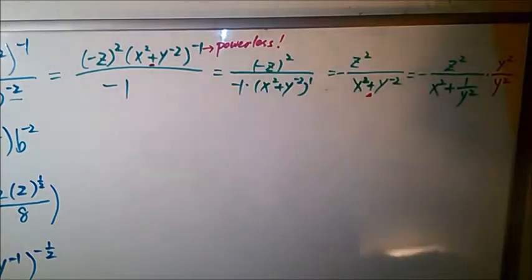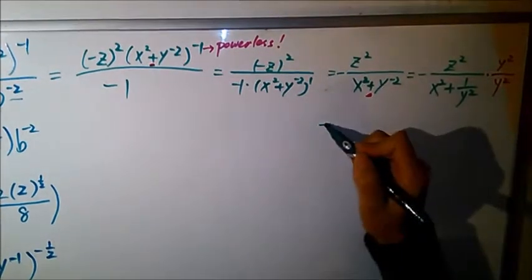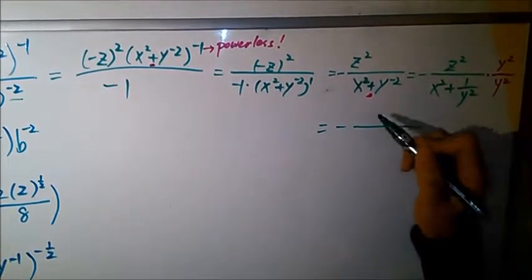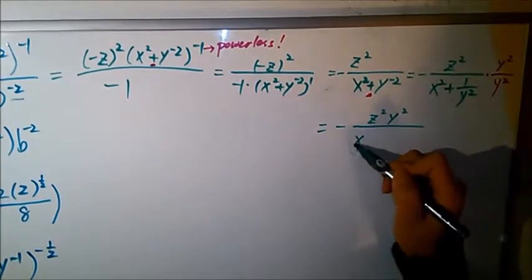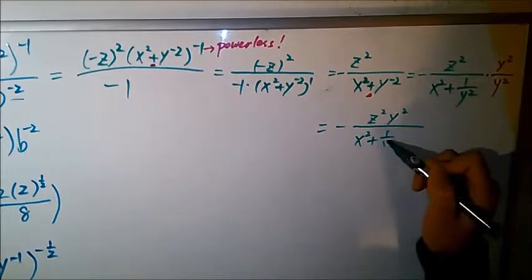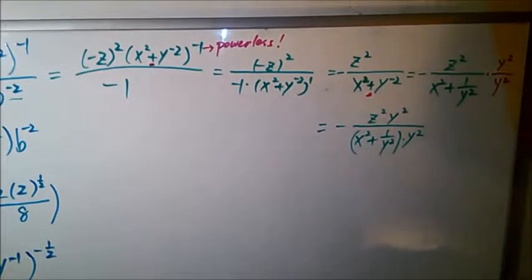Y squared divided by y squared. Now, we're going to distribute that y squared into the top and the bottom, parentheses, y squared. Okay, let's distribute the y squared into x squared.